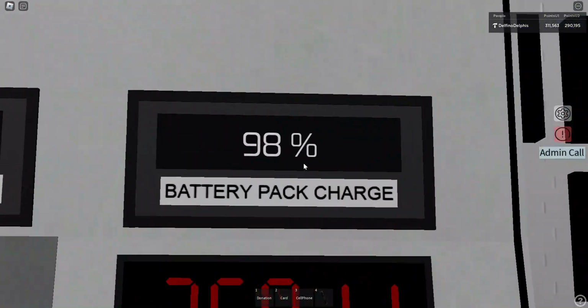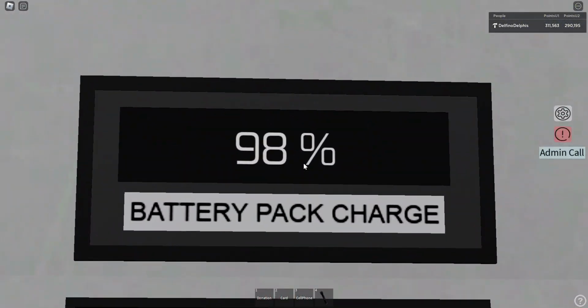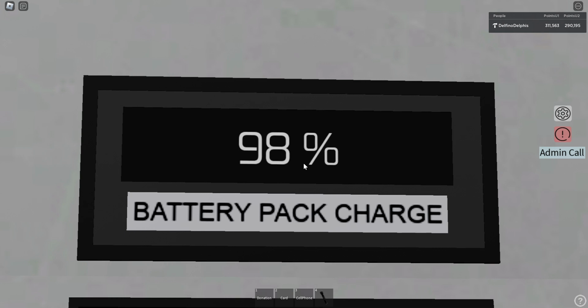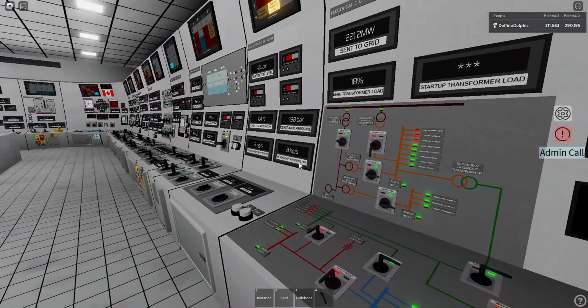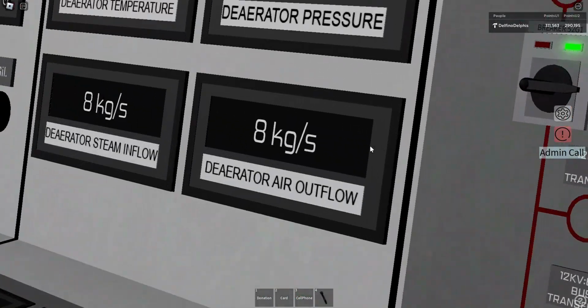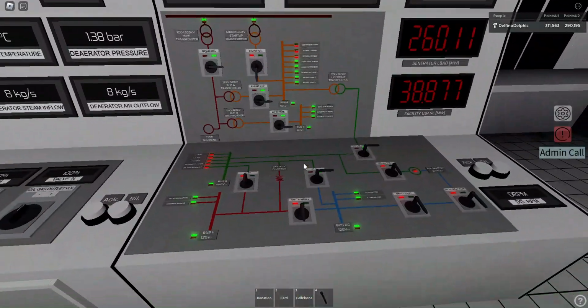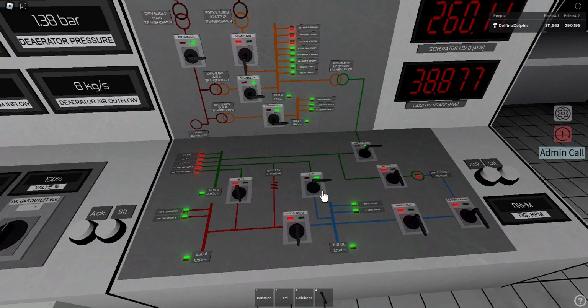You can see this is the battery. It will drop with time. If it goes to zero, the game's over, because at this moment you basically lose control of the panels and you cannot do anything. So yeah, never do this.